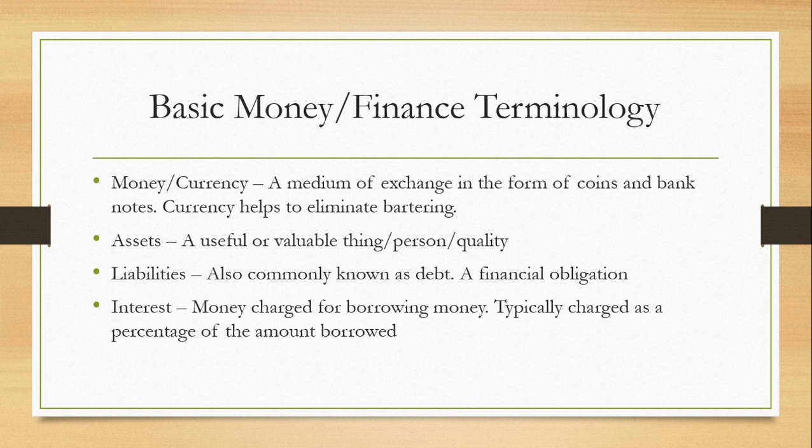You go to the bank, you get a loan, and the bank's going to give you that loan for $10,000 at 5% interest. So what that means is they're going to calculate 5% of that $10,000 annually and charge you a little bit of that each month. So in that first year, you're going to pay about $500 in interest.